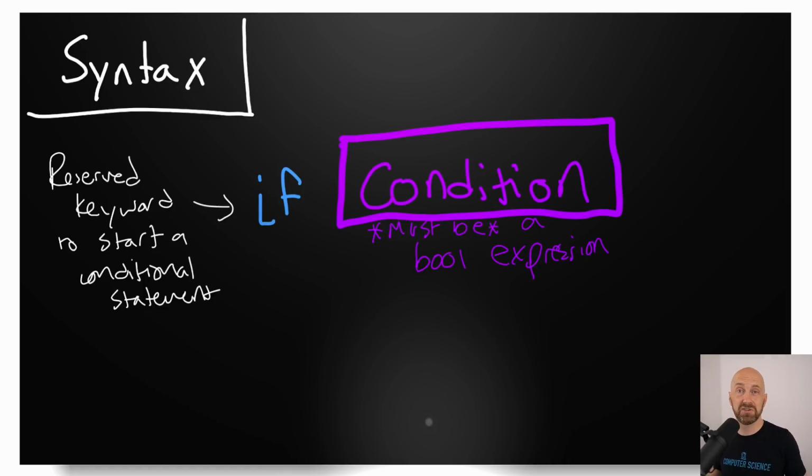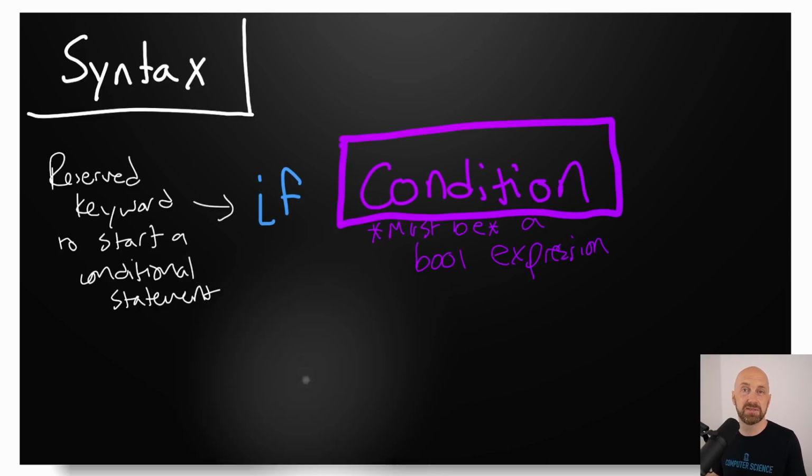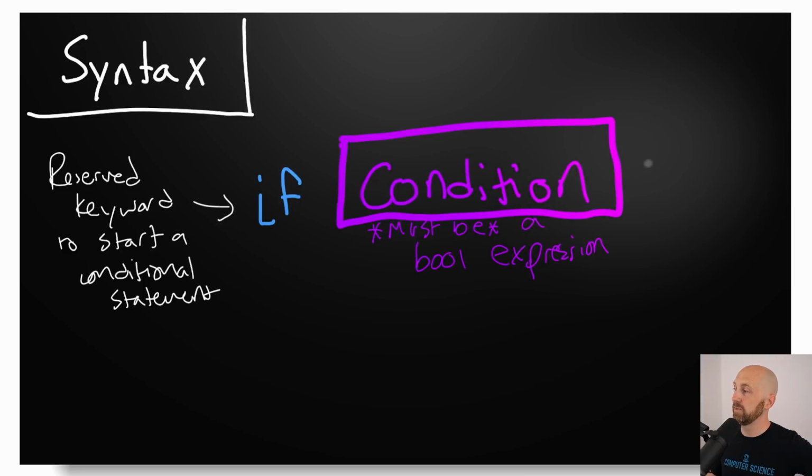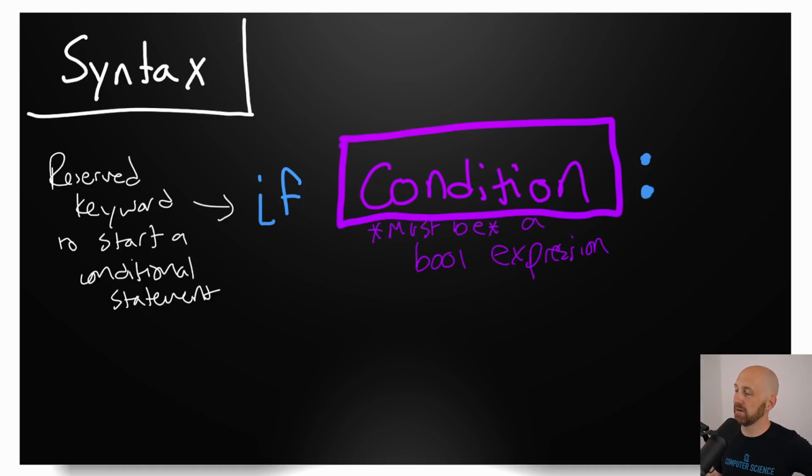And this is why expressions are so important to understand. What you're comfortable expressing in terms of something that can evaluate to a Boolean, and how you might compare two things to get a Boolean out of it, determines the kinds of programs you can write and what conditions you can use to make decisions in your programs, right? And then we're going to have a colon, and that colon is required, right?